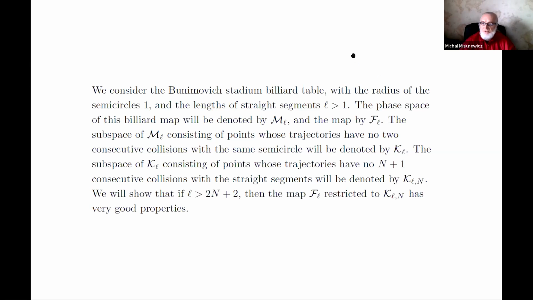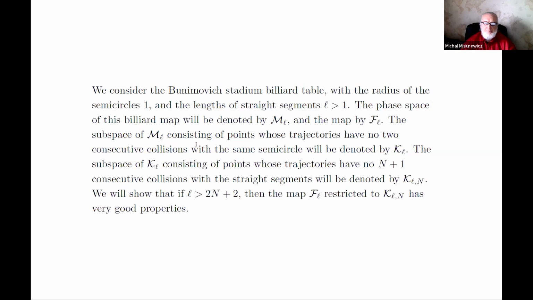Okay, so we consider this stadium billiard table with the radius of the semicircles 1 and the length of the straight segments L. Oh, L will go to infinity later. At this moment, we assume that it's larger than 1. So the phase space, now you have the notation, is M sub L, because it depends on L, and the map is F sub L.